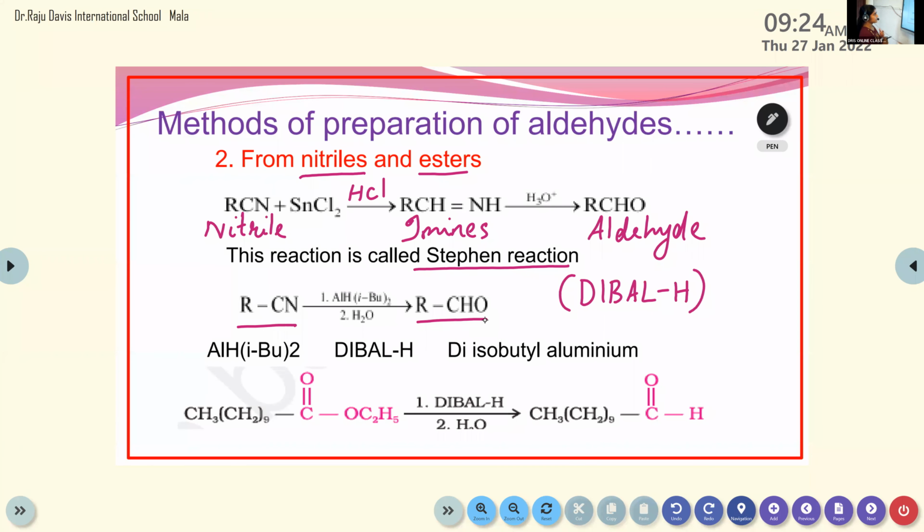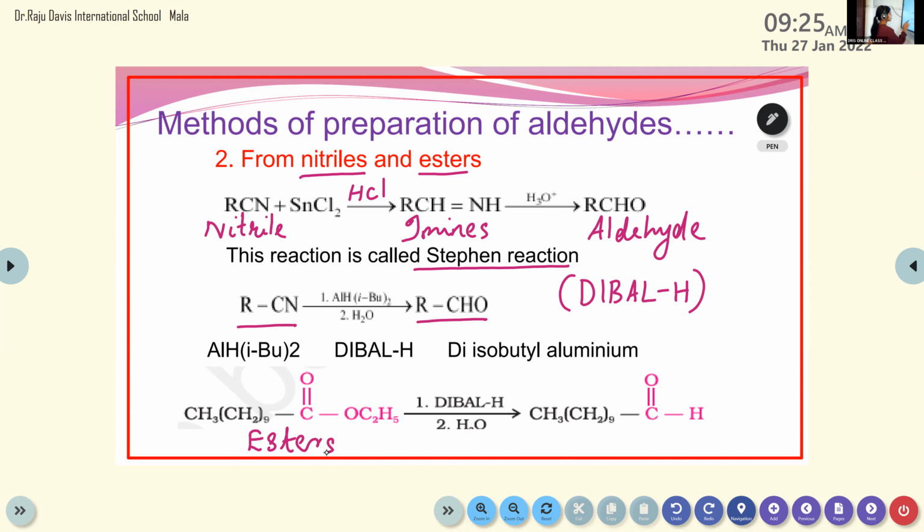That's about nitriles. Then the same reaction, only the change in the reactant. Instead of nitriles, we will use esters. Using the same reagent, DiBALH, diisobutyl aluminium hydride, we can produce this aldehyde.